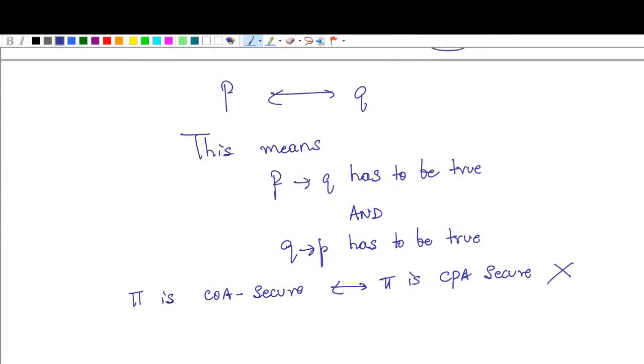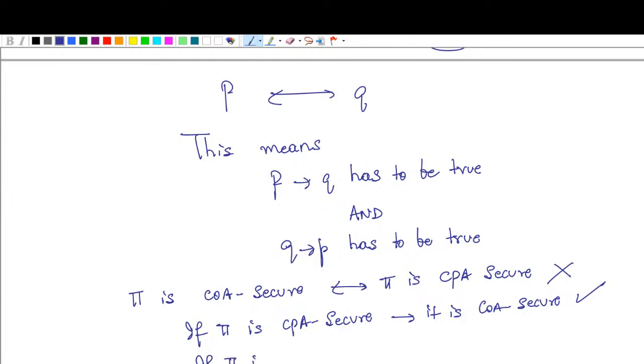Pi is CPA secure implies it is COA secure: this is fine. But the other way implication is not correct. If pi is COA secure, it implies pi is CPA secure: this is wrong. This is not correct.